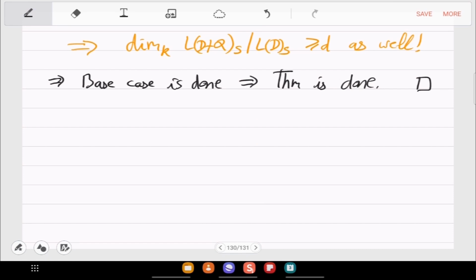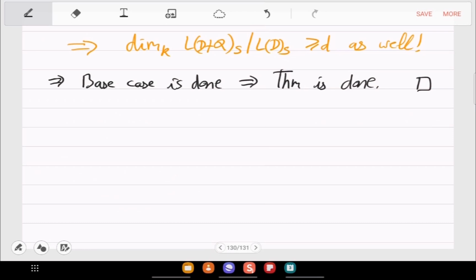Okay, any questions? Yeah, so this gives us a very powerful handle on the LD sheaf. Now what we want to do is remove the S. Because we want to actually understand the LD sheaf, not the LDS sheaf.